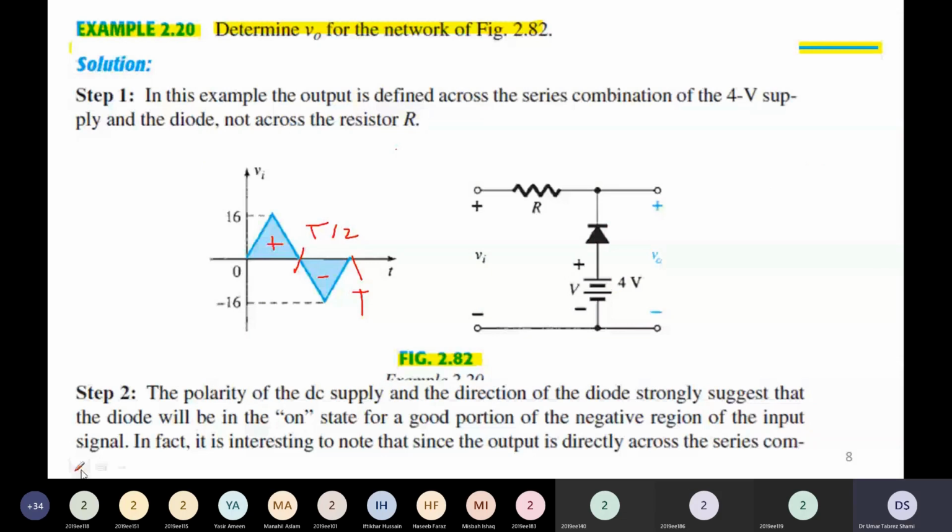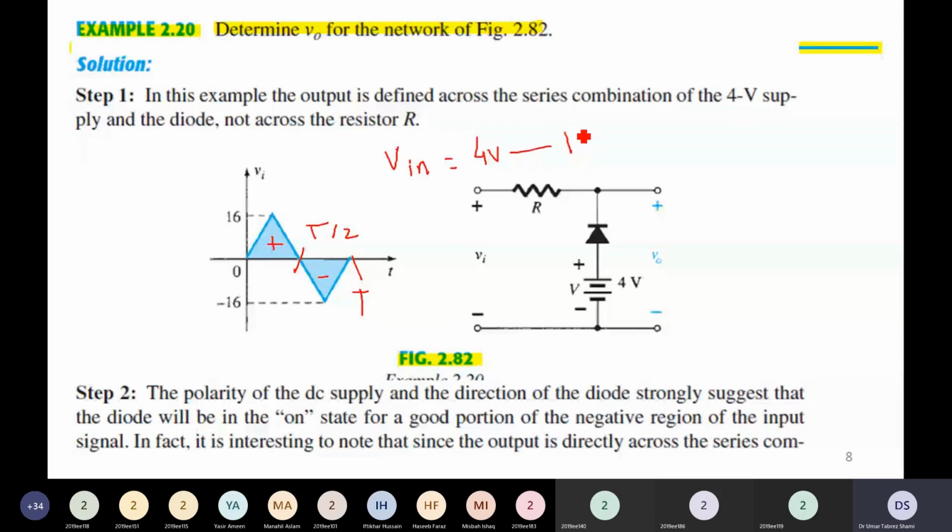So now we have V in, which is more than 4 volts. Let us say that V in now is in the range of 4 volts to 16 volts.